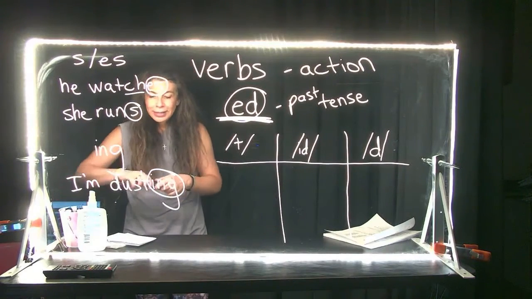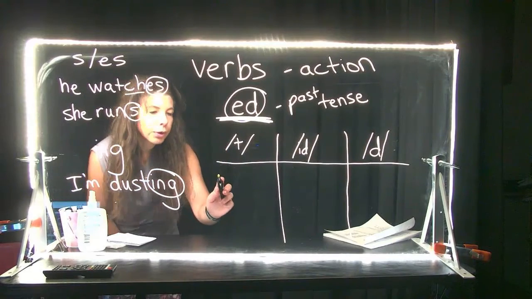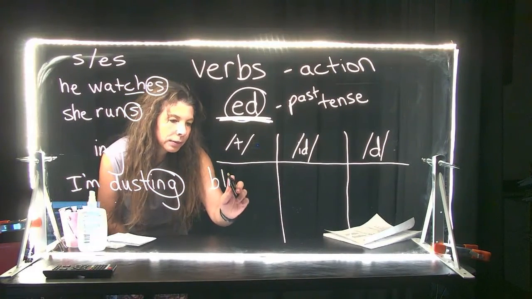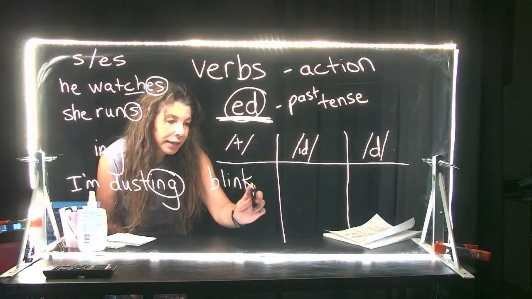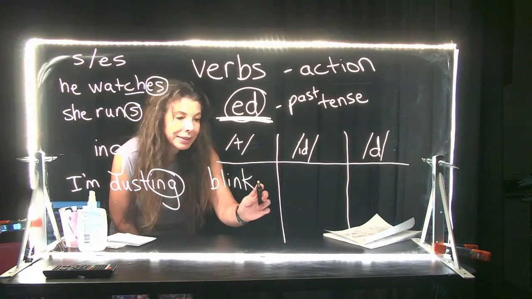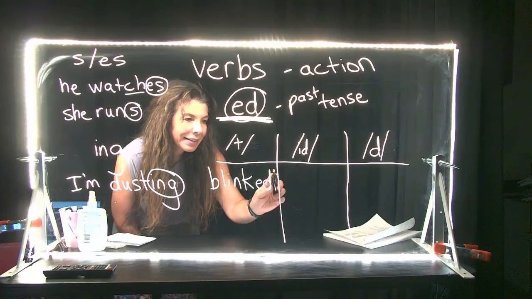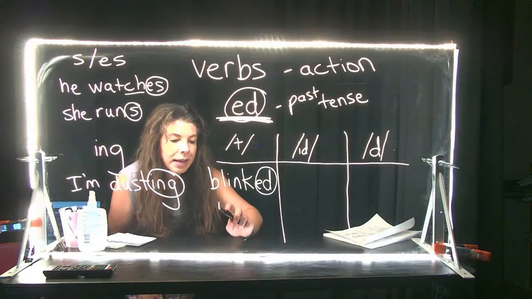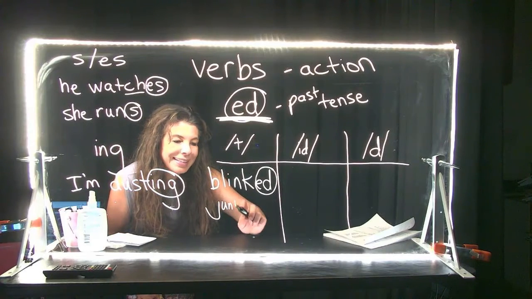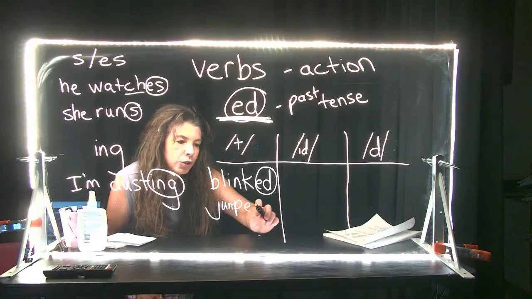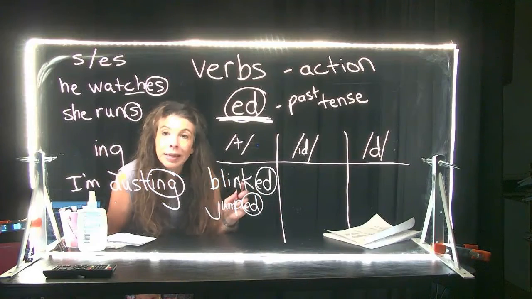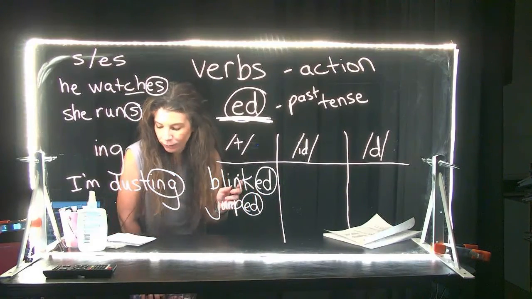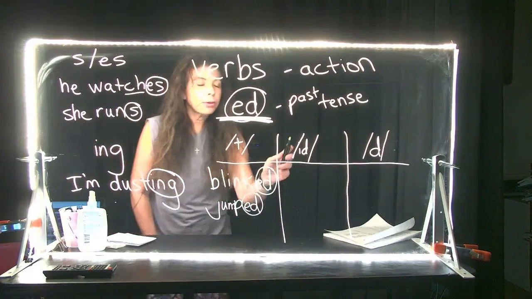With the sound t, think about the word blinked. It sounds like it should say blinkt, but it's not. It's an ed. Jumped sounds like there should be a T at the end of jumped.